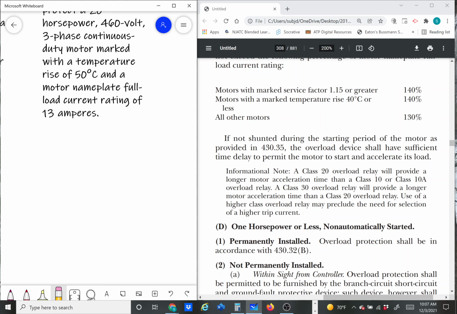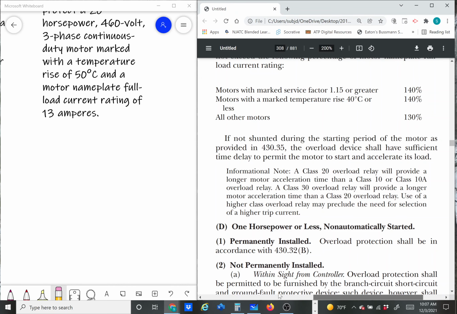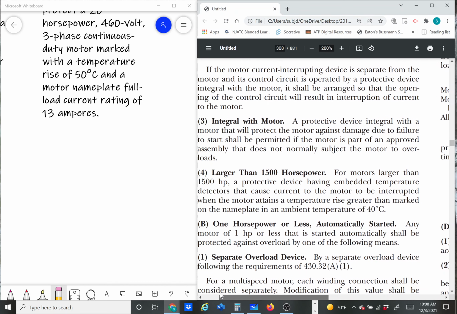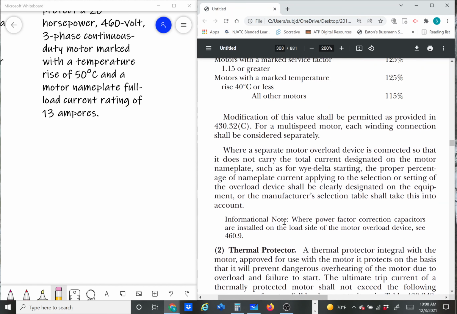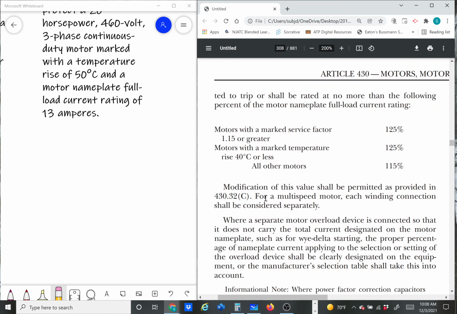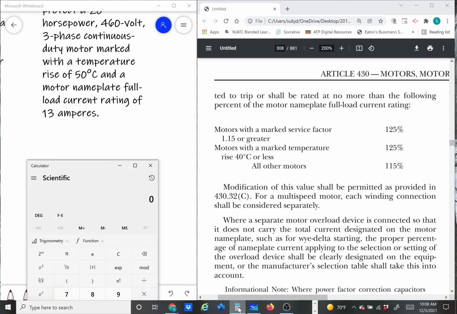Okay. So since starting current is not a problem according to this question, I've got to come back over to the table on the left. And there it is. So I can start off with my nameplate amps of 13, and I'm going to multiply that by, let's see, I've got a temperature rise of 50. Well, that's over 40.